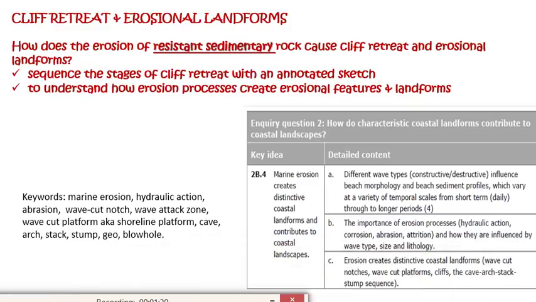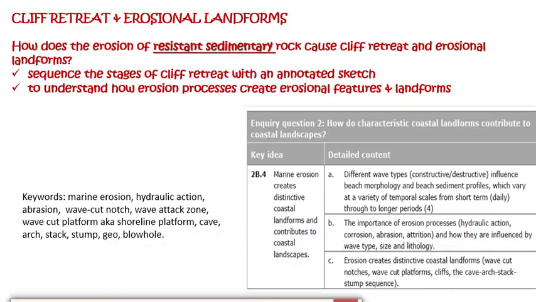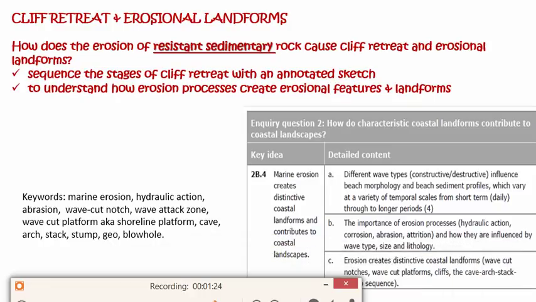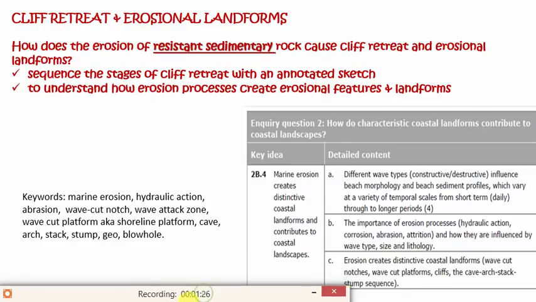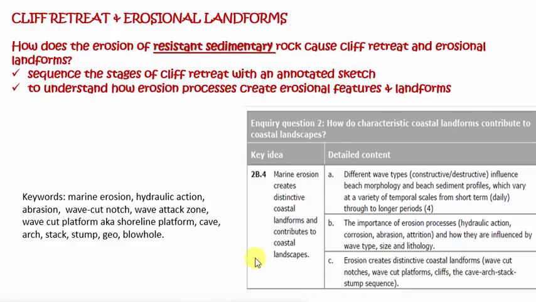Well, from the last lesson we looked at the 4 different erosion processes, so we've got to use a bit of understanding of what they are to then explain why we get different landforms and features. But also, cliff retreat is actually a process in itself, right? So we're going to sequence that in clear stages.